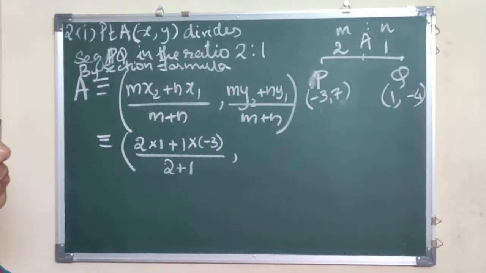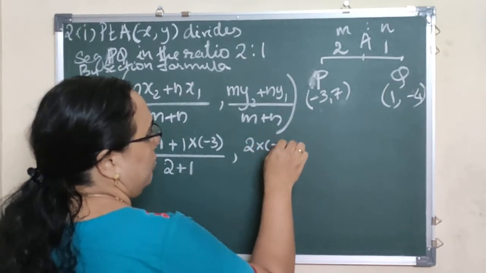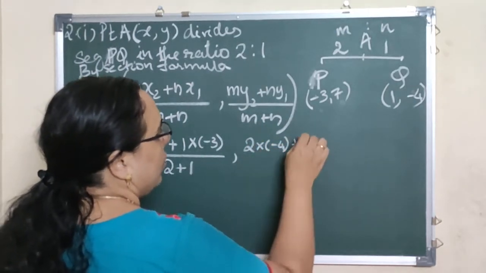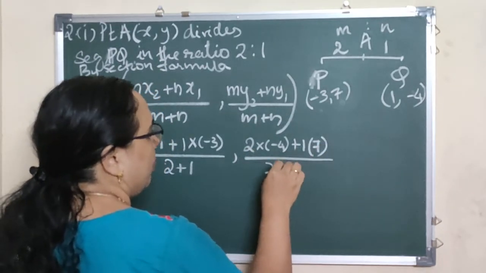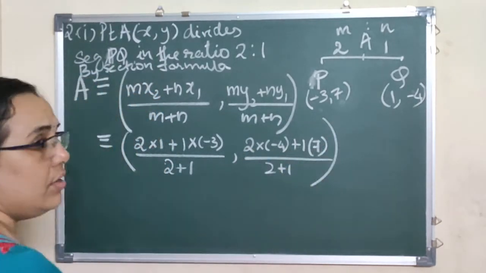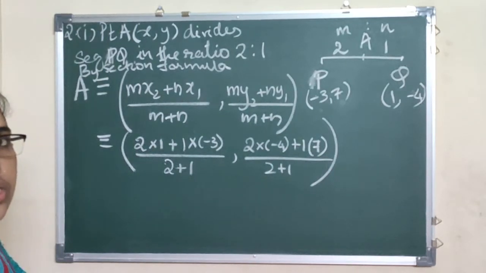What about the y coordinate? We have 2 into -4 plus 1 into 7 upon 2 plus 1. Okay, I hope you are doing along with me, girls. Now you are going to help me in the calculation.